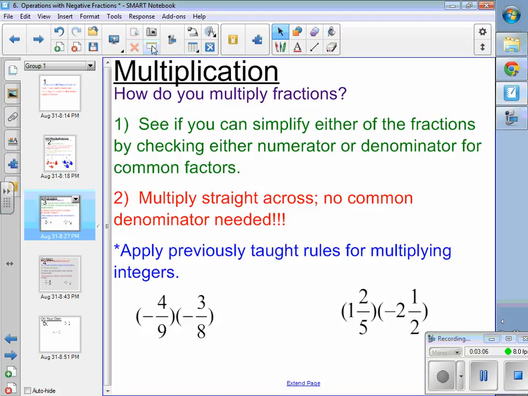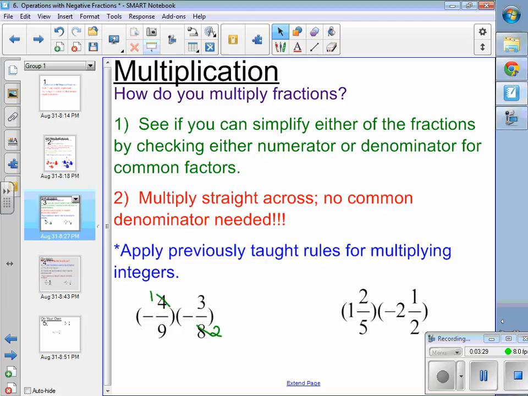So we've got parentheses here to show our multiplication. And first, we're going to look and see if we can do any cross-canceling to simplify it all. So here we've got a 4 in common with these two. So this becomes a 1, and this becomes a 2.